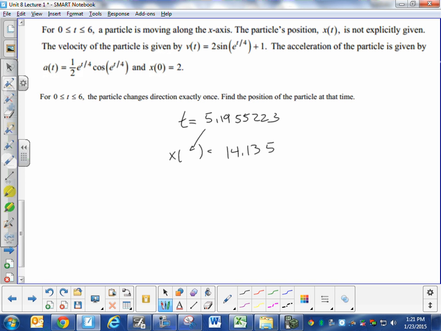Once you find that intersection, that 5.1955223, then you need to find the position at that point. Well, I don't have the position function, so I have to use the fundamental theorem of calculus and say my position at this time has to be equal to my initial position plus the change, which is the area under my velocity curve from 0 to that 5.19.